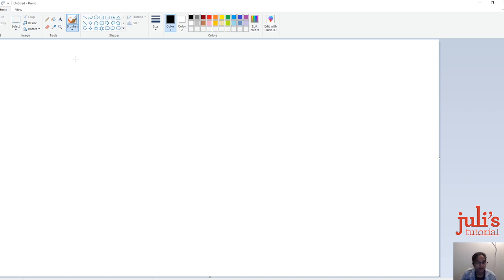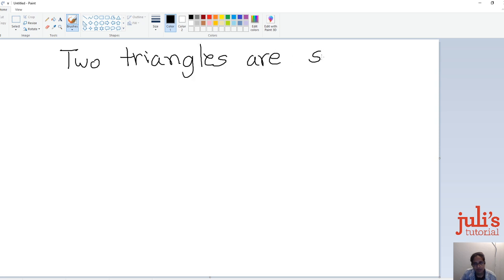So write this down. If two triangles are similar, and if they're right triangles, I say they're right because we're dealing with right triangles, then this is true for them.